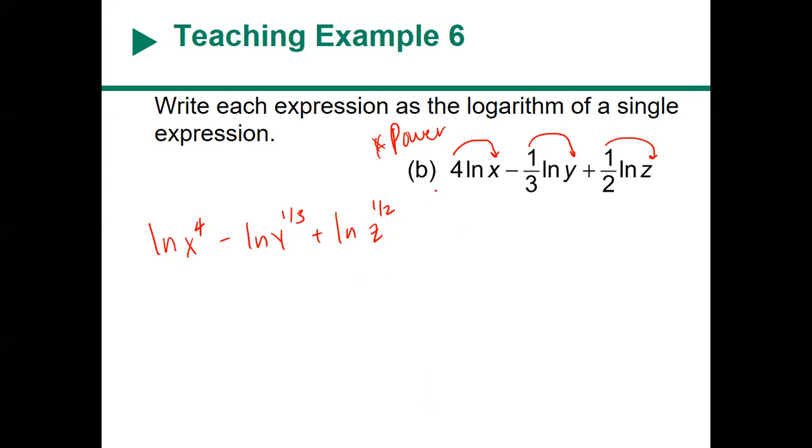How do you feel about applying the power rule? Okay, after I apply the power rule, now it's just like the previous problem. We work it from left to right.